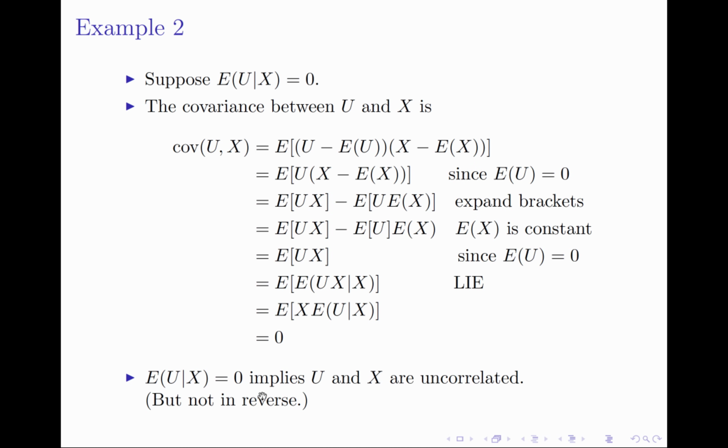Again, this does not apply in reverse. If you know or assume that the u and the x are uncorrelated, that is not enough to be able to conclude that this conditional mean is equal to 0. So this derivation only works the one way, which is okay. We only need it to work that way.